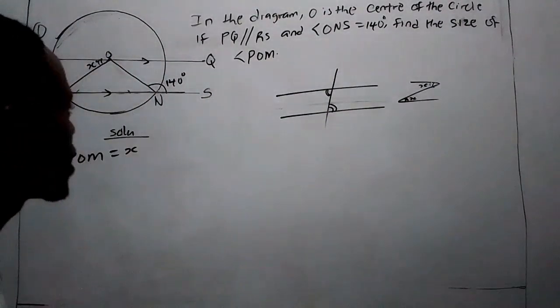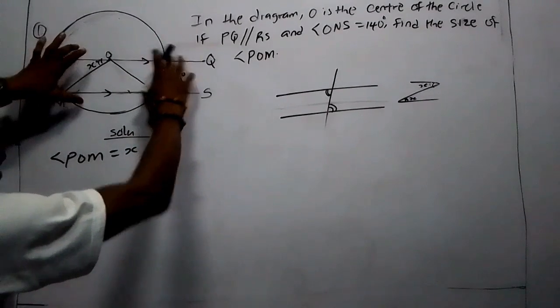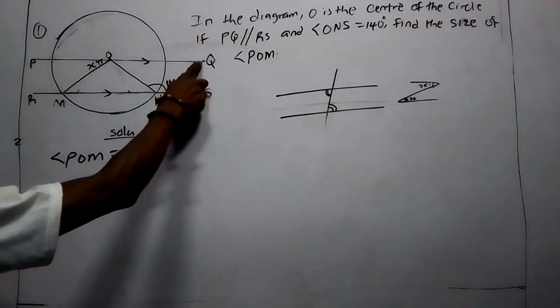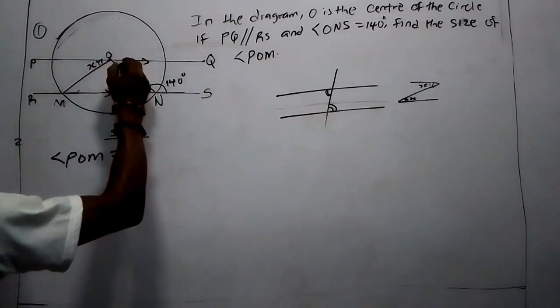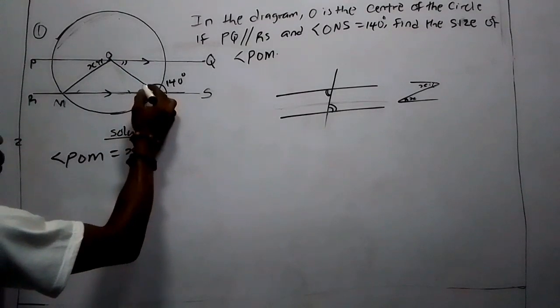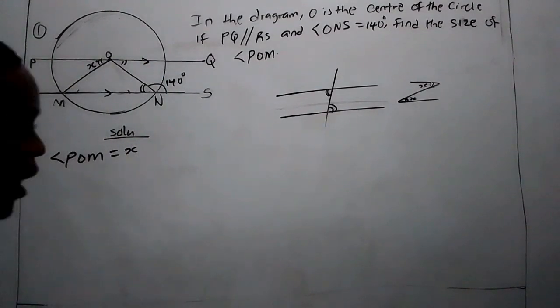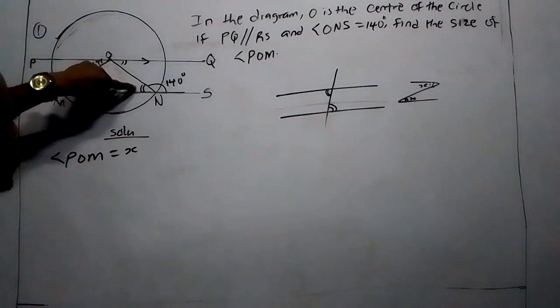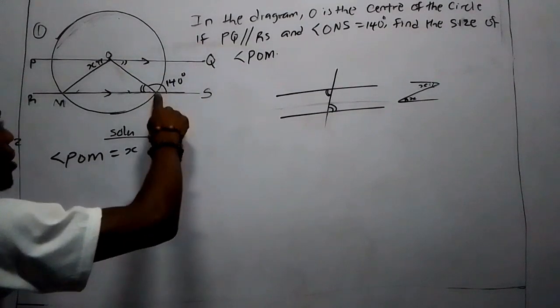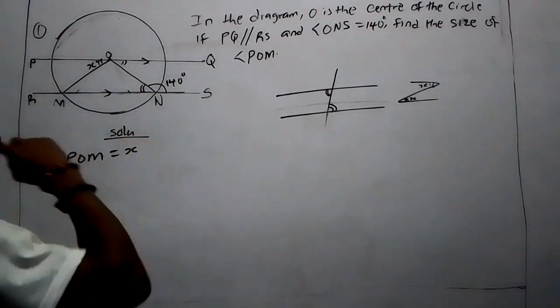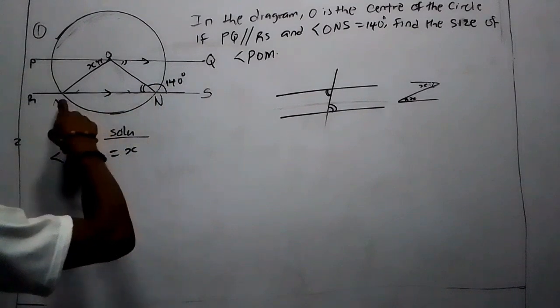If you apply it in this place, since they are parallel to each other, we have a Z shape here. So the angle here is equal to the angle here, because angle PON is equal to angle ONM.